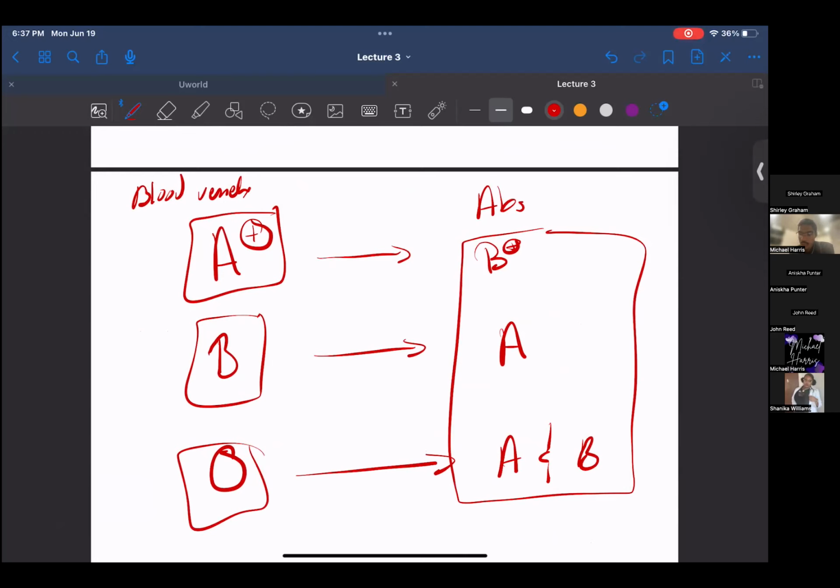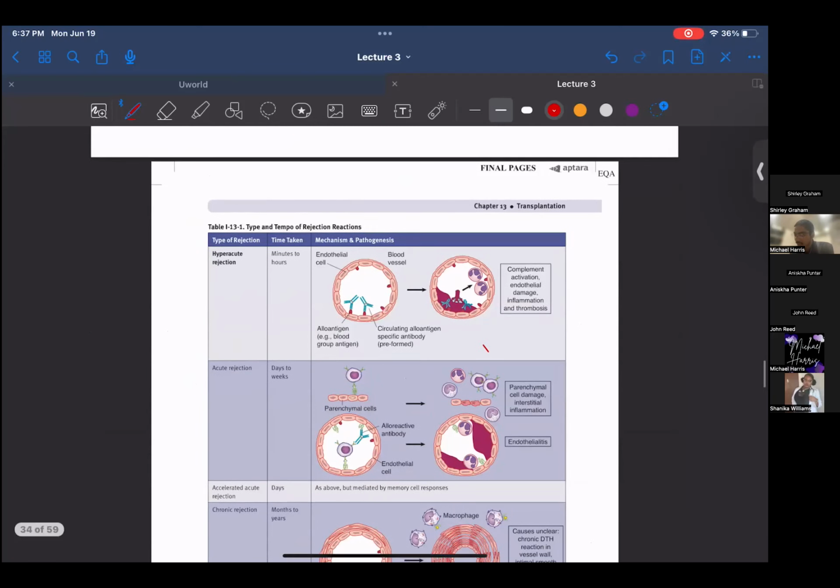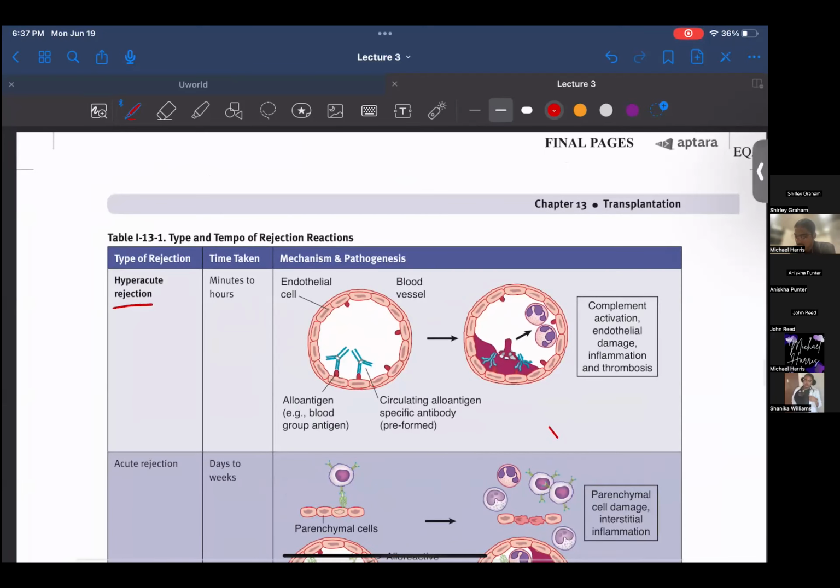Yes. So what I just explained to you is what is known as the hyperacute stage. You have preformed antibodies. Okay. So don't think of anaphylaxis because now we're not thinking about hypersensitivities anymore. This is organ transplantation. Okay.